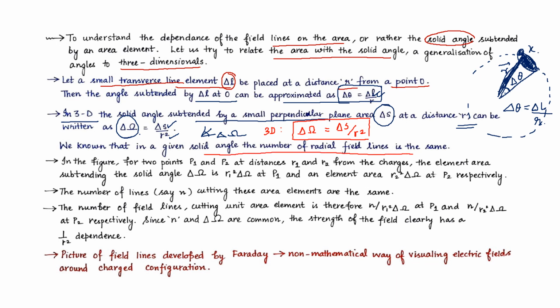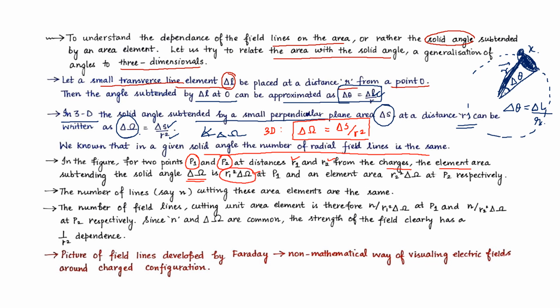At any distance, for a given area, the area away from the charge increases, but the number of field lines remains constant. In the figure, two points P1 and P2 are at distances R1 and R2 from the charge, and the element area subtending a solid angle of del omega is R1 square del omega.